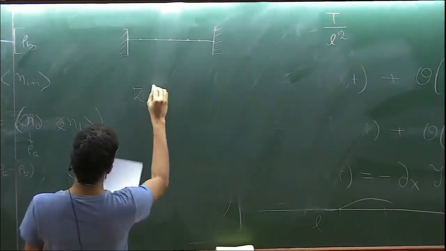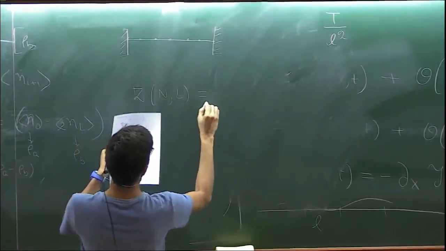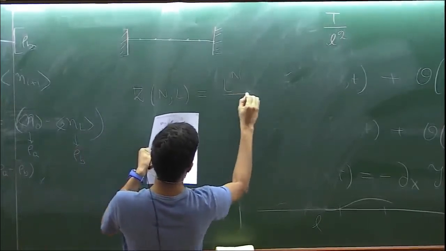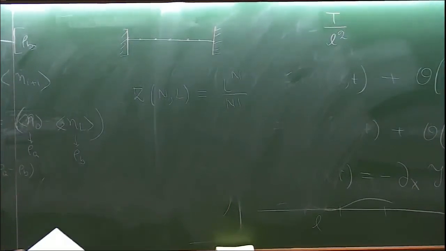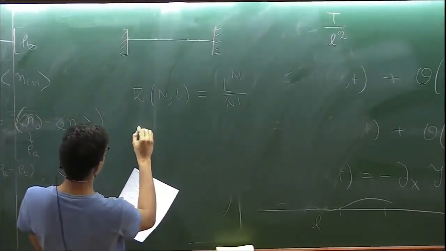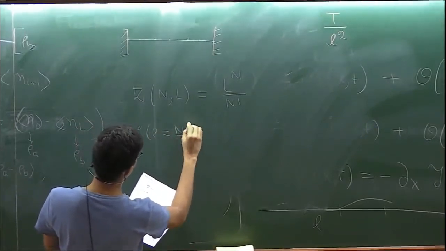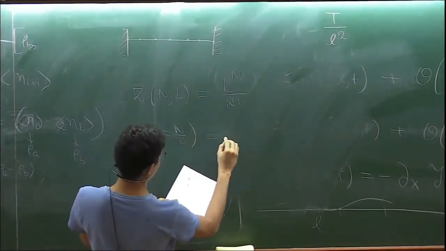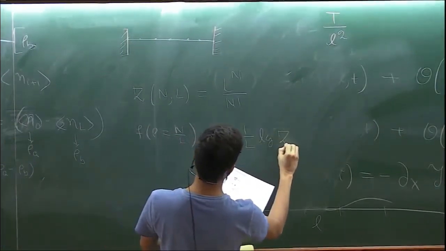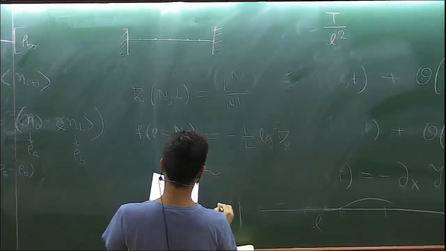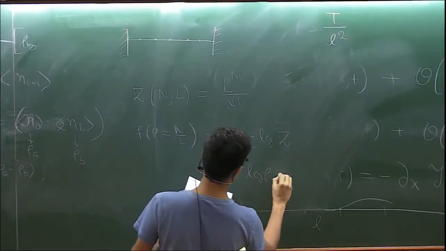So if I look at the partition function for n particles in this system of length L, it is nothing but this one. Then by using Stirling's approximation, with rho equal to n over L, you will very easily end up with F equal to 1 over L log of Z.